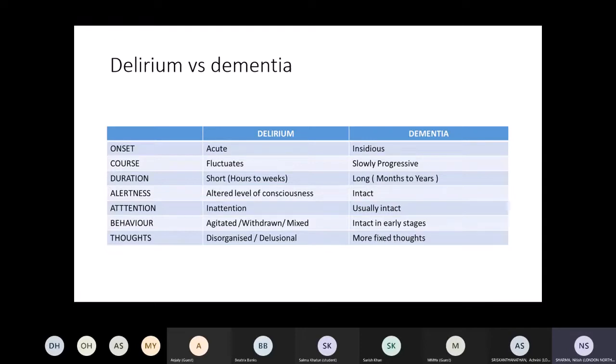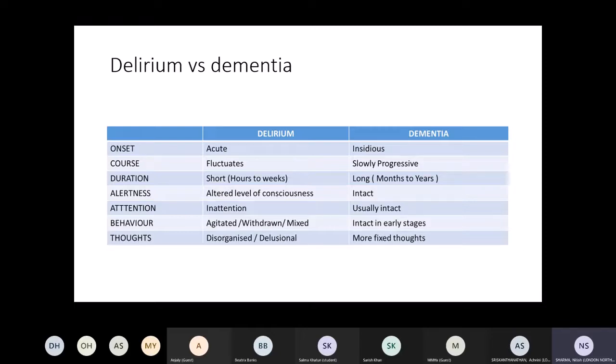The patient would have an altered level of consciousness in delirium, but in dementia the patient is conscious. It's not like a hypoactive or mixed delirium where the patient is just flat and has no knowledge of what's going on.